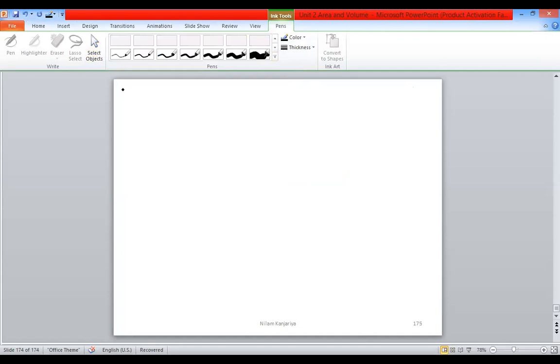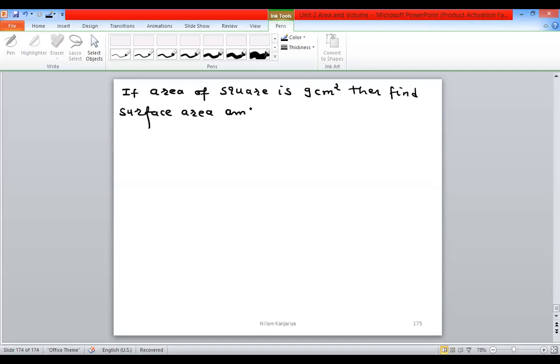Question is, if the area of a square is 9 centimeters square, then find the surface area and volume of the cube.